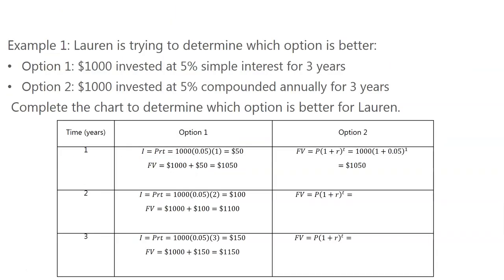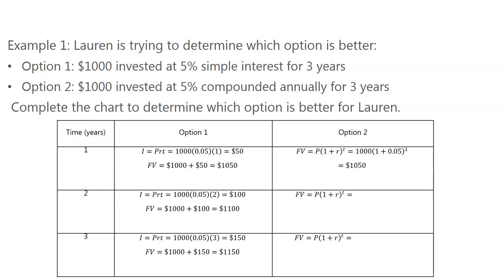So example 1. Lauren is trying to determine which option is better. Investing $1,000 at a 5% simple interest rate for 3 years, or investing $1,000 at a 5% compounded annually interest rate for 3 years. We're going to complete the chart to determine which option is better for Lauren. Now option 1 is already completed because we had previously looked at investing $1,000 at a 5% interest rate.